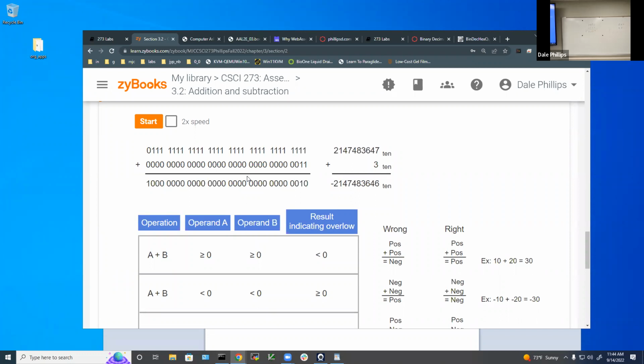Depending on the math registers you're using, your ALU, arithmetic logic unit, that's where this negative comes in. Oh, why is it that high?